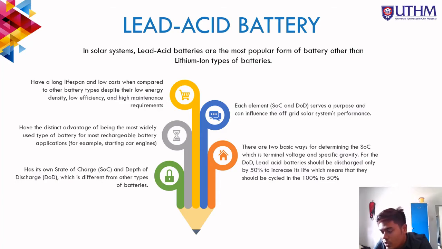For lead acid batteries, there are two basic ways for determining the state of charge, which is SOC, which is terminal voltage and specific gravity. For the depth of discharge, lead acid batteries should be discharged only by 50% to increase its life, which means they should be cycled in the 100% to 50%.